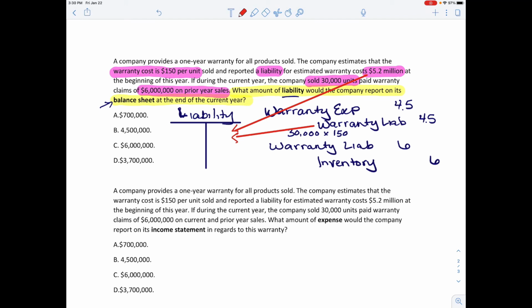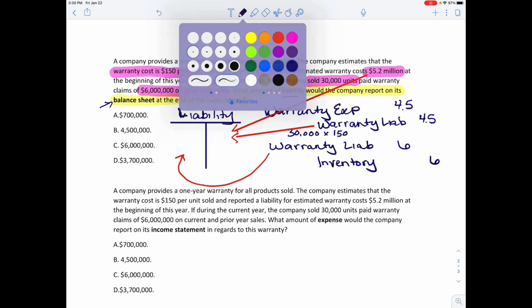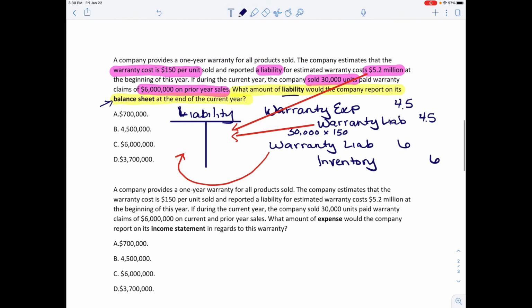And then I also need to bring in as a debit, you'll see the amount of liability that I now no longer have. So let's bring in these amounts. I started with 5.2 million.